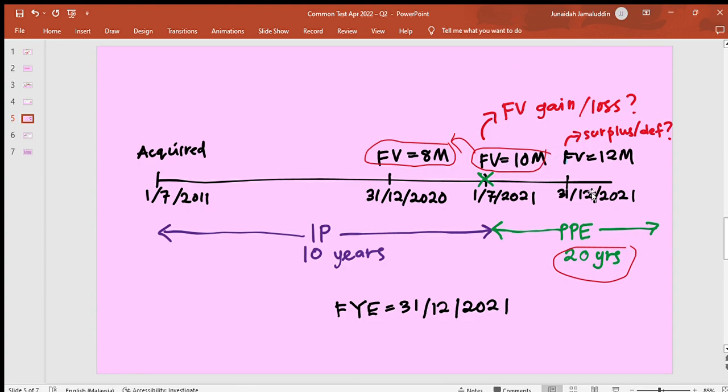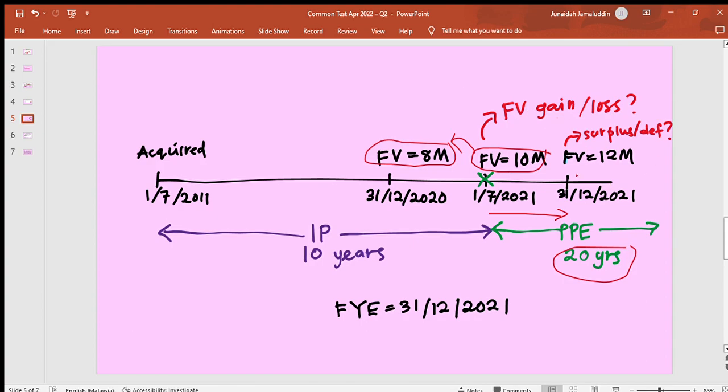When the property has become PPE, from 1st July 2021 until 31st December 2021, the property should be depreciated over its remaining useful life. During the current accounting period, there are only 6 months.